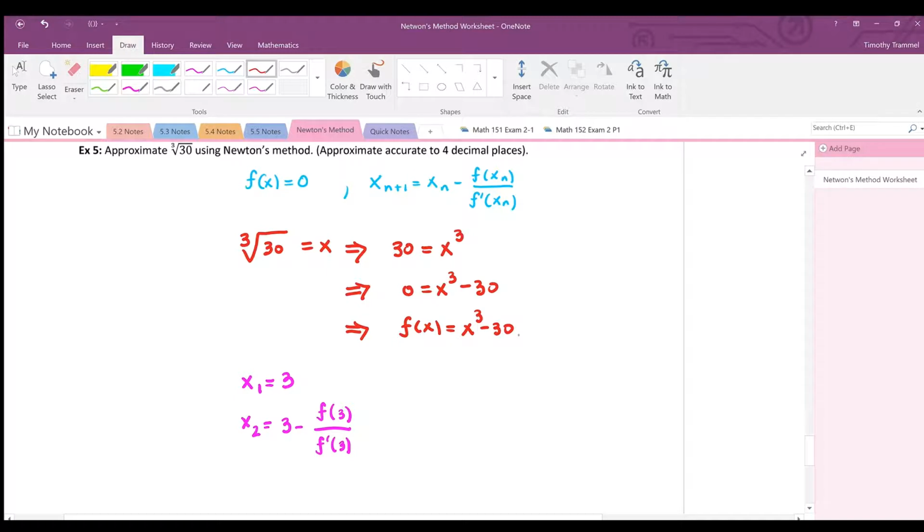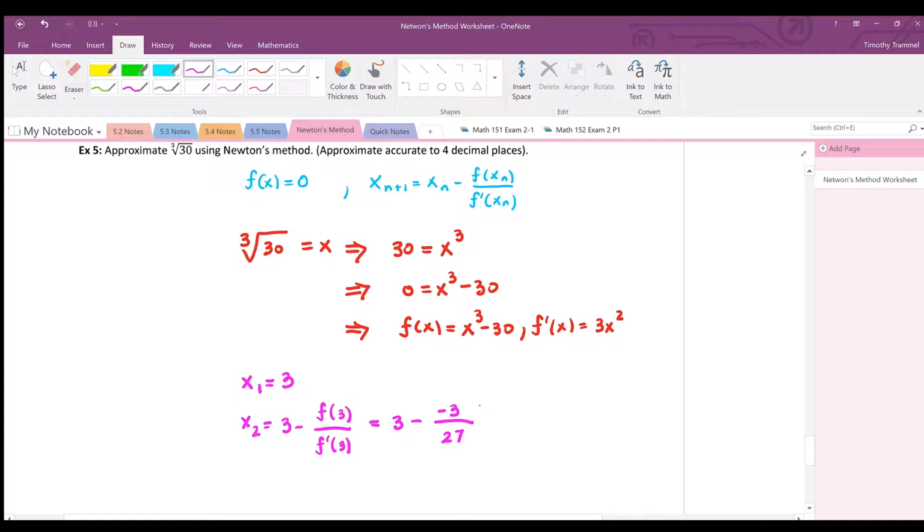Our derivative, f prime of x, is just equal to 3x squared using our power rule. All right, so next we have 3 minus f of 3. That's going to be 27 minus 30, which is negative 3, and then over f prime of 3. If we plug 3 into the derivative, that's going to give us 27.